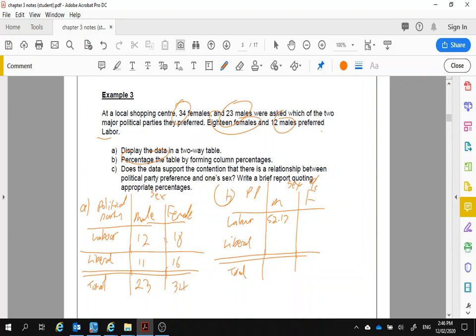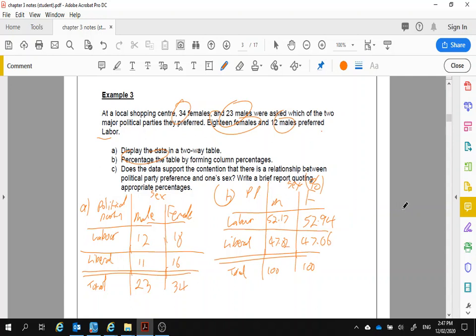This is in percentages. Which means if this is 100, that means this must be 47.82. This one here, the females, we've got 18 out of 34 times 100, so 52.94. Then this is 100, so this must be 47.06.